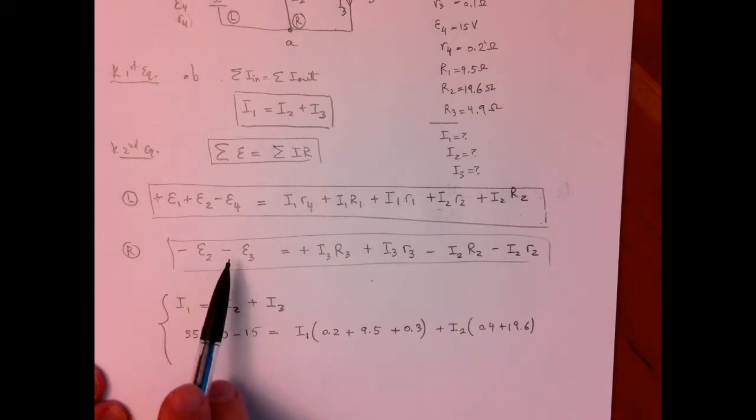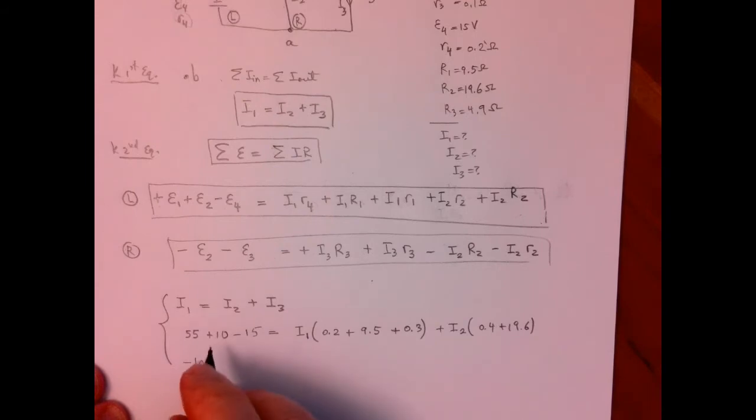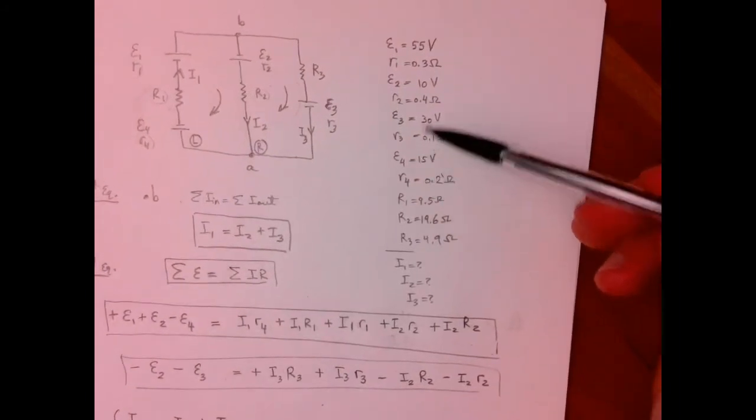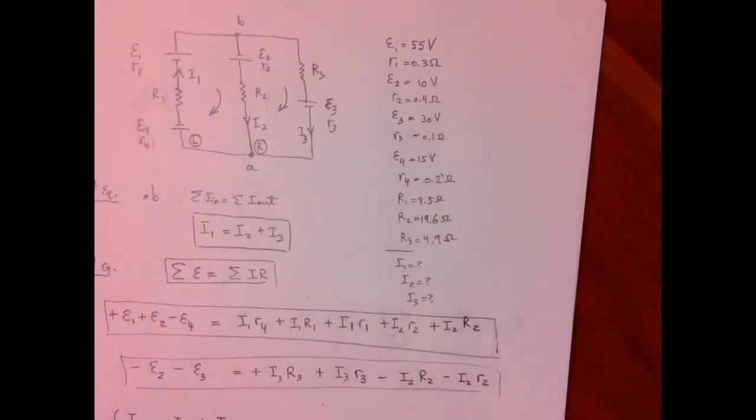And for this system of equations, minus I2 minus I3, so it will be minus 10 minus 30 is equal to I3 times R3 plus little r3, it is 0.9 plus 0.1, and here we have minus I2 times R2 plus little r2, 19.6 plus 0.4.